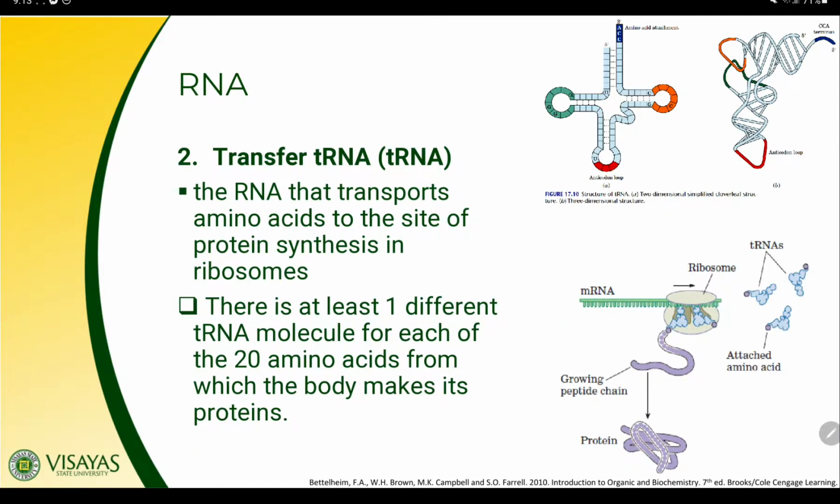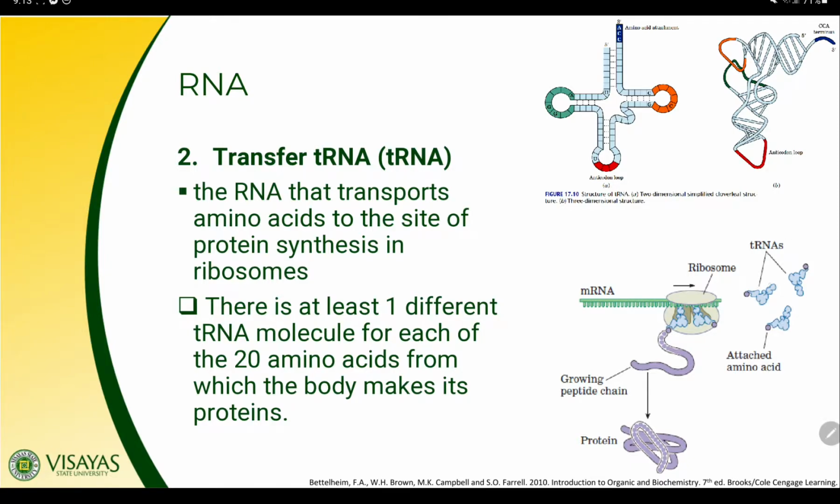The second type of RNA is called transfer RNA or tRNA. This functions as a transporter. It transports amino acids to the site of protein synthesis in ribosomes. This happens in a process we call translation, which we will discuss in the second lesson of this module.